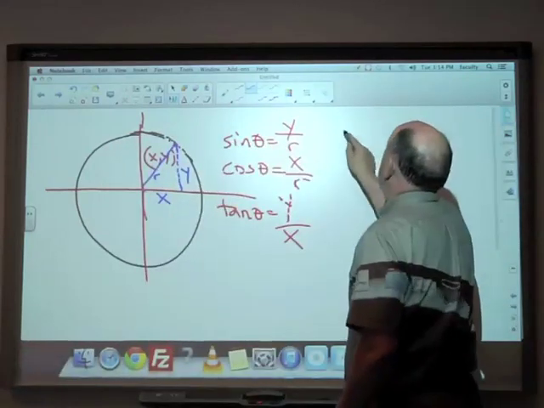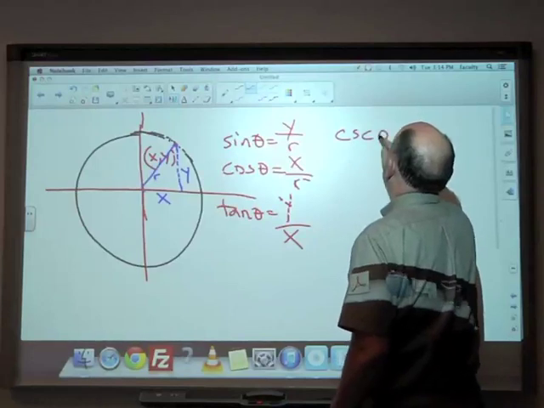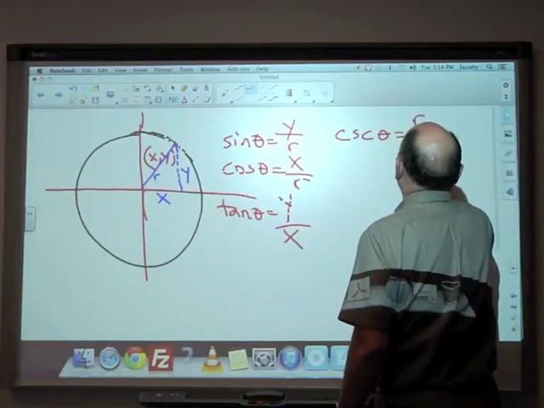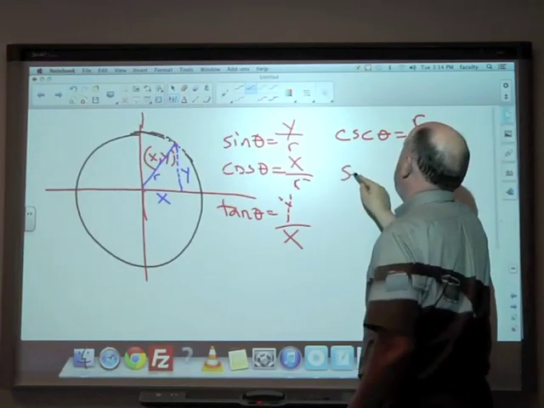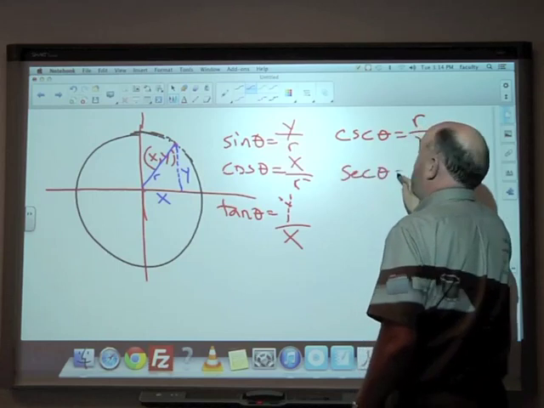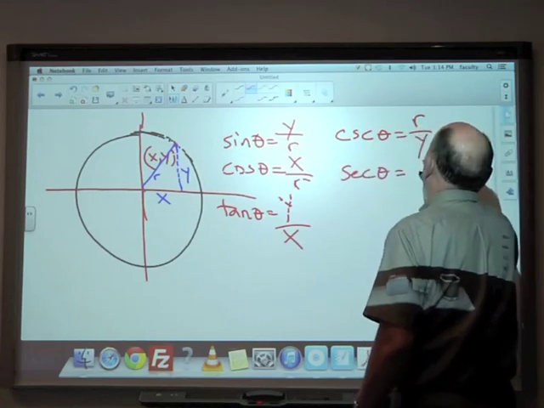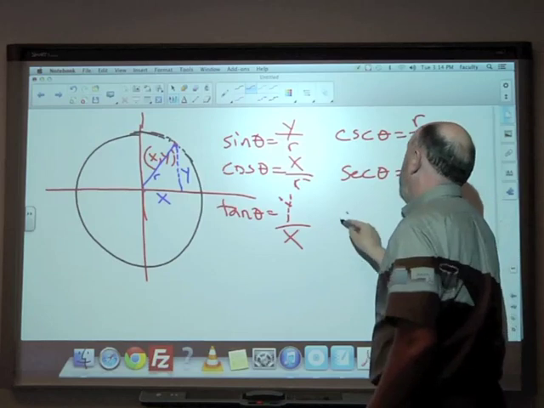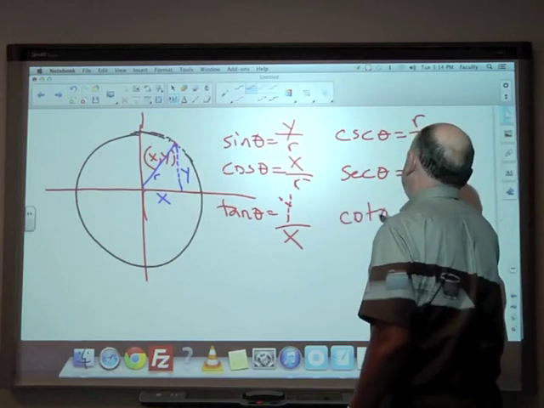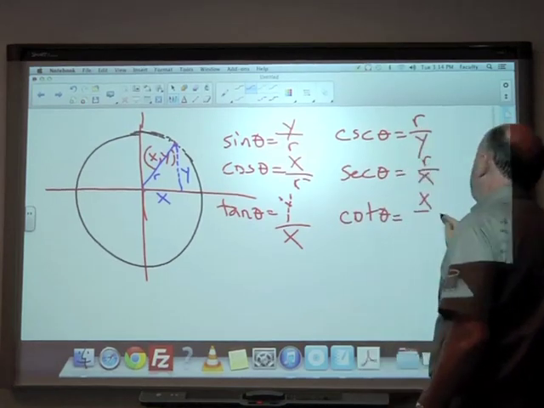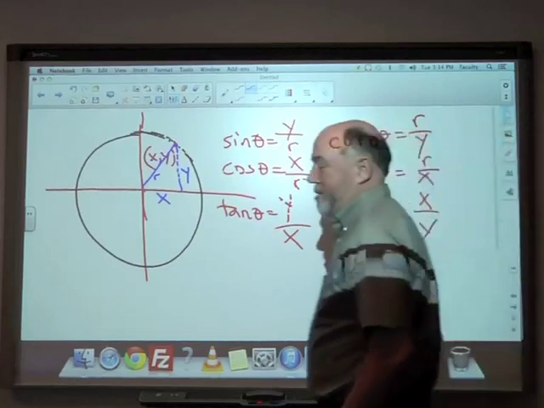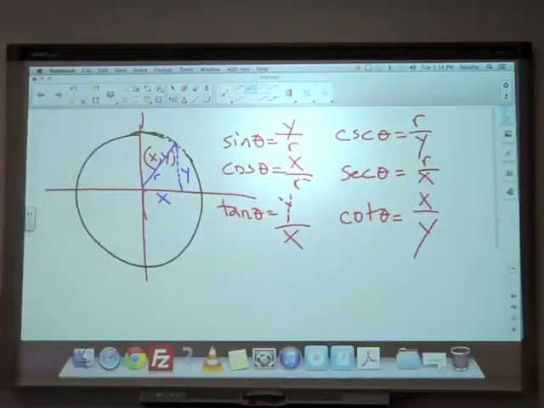And so then cosecant is going to equal r over y. Secant is going to equal r over x. And then cotangent is going to equal x over y. Same thing as what we had earlier, except we're written now in terms of x's and y's and r's. Okay?